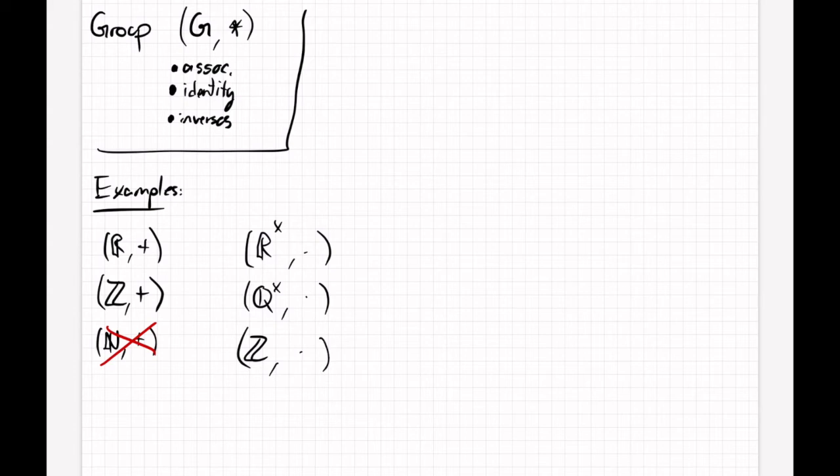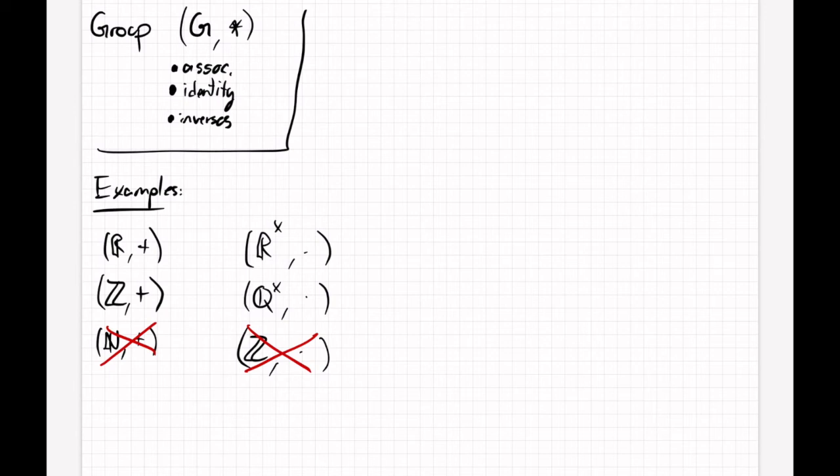None of these will be a group because it fails very quickly. If I think about 2, I want to multiply something by 2 and get 1. Well, there's only one thing that could really be. It's 1/2. And 1/2 is not an integer. So for any number that's not 1 or -1, you can do that for Z.